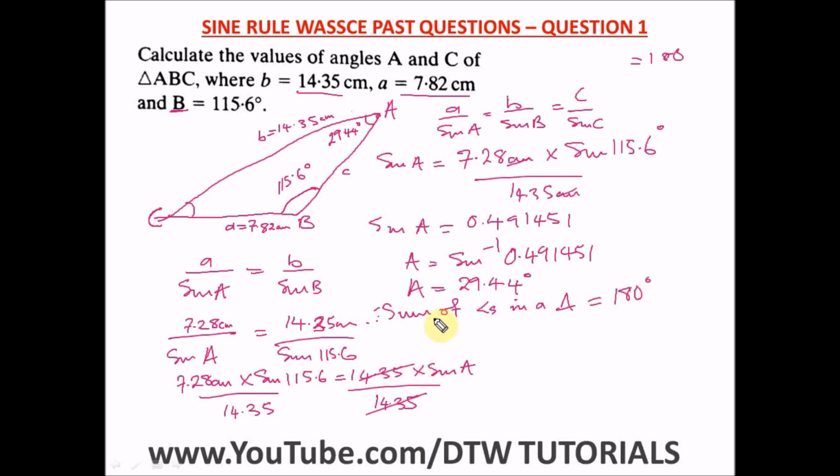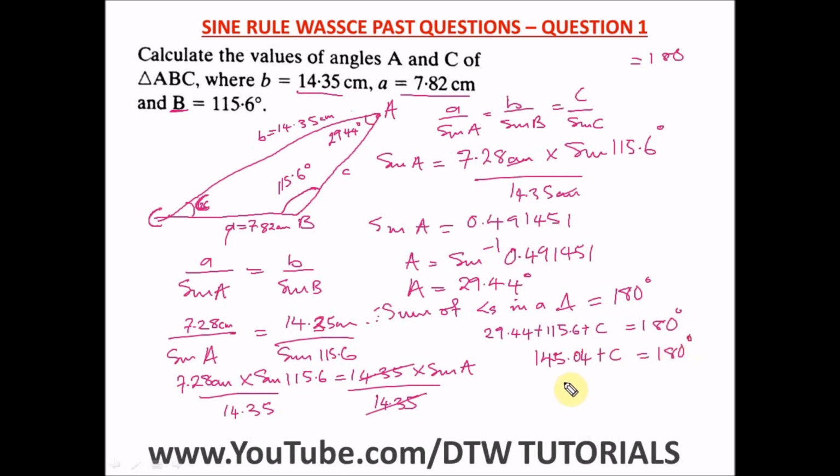Since we're looking for this angle, let's call it X, or we can just call it capital letter C. So we have this plus this plus this: 29.44 plus 115.6 plus C is equal to 180 degree. When we add this up, we have 145.04 plus C is equal to 180 degrees.